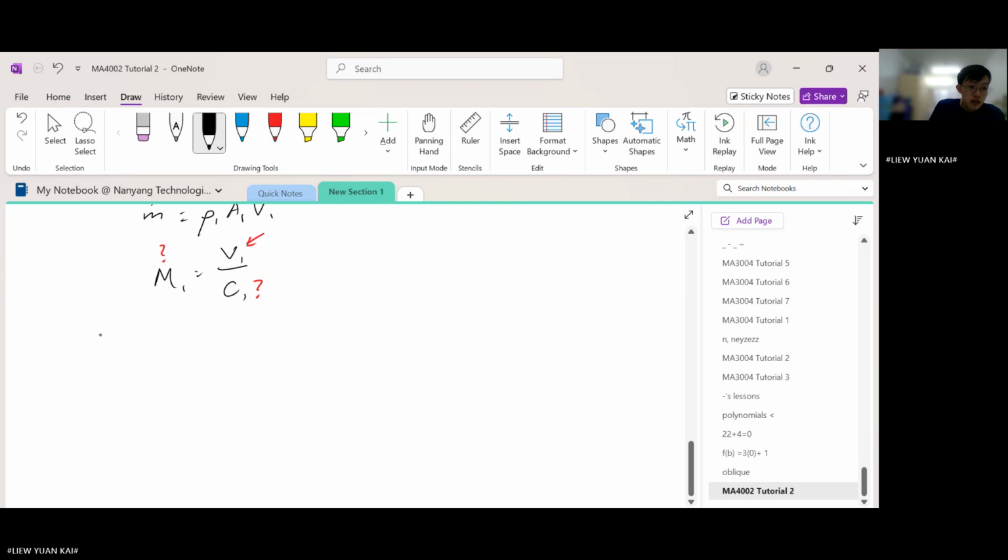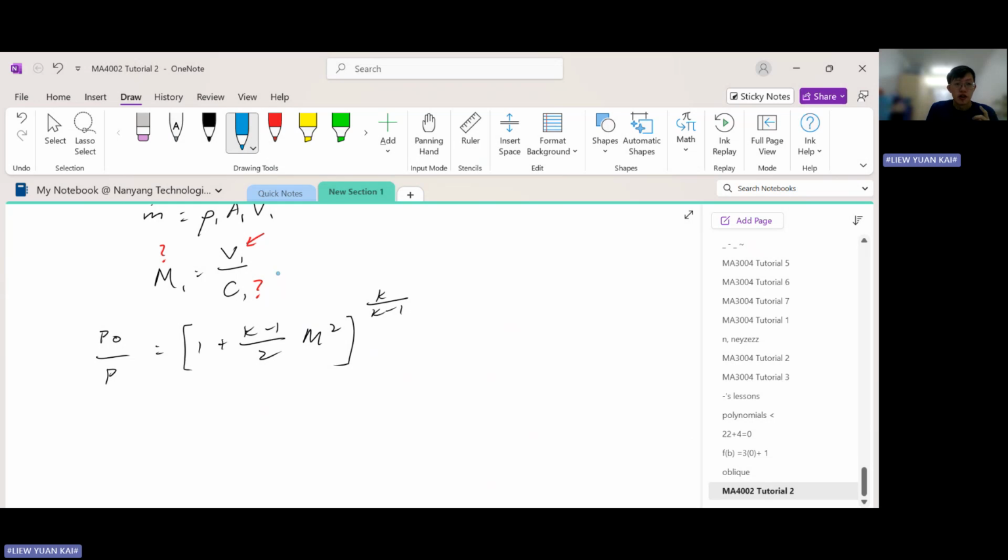So the formula states P naught over P is equal to 1 plus (K minus 1) over 2 M squared. Okay, because we are applying this to point 1, the subscripts here are put as P1 and M1.